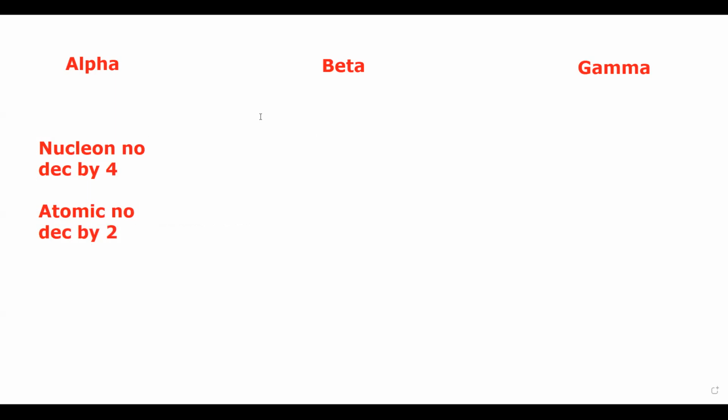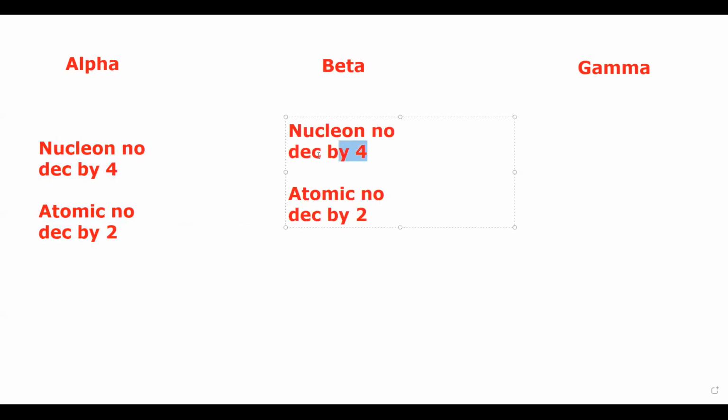In beta, what happens? The nucleon number, the sum of neutrons and protons, has no change. It will remain the same. And the atomic number will increase by 1.